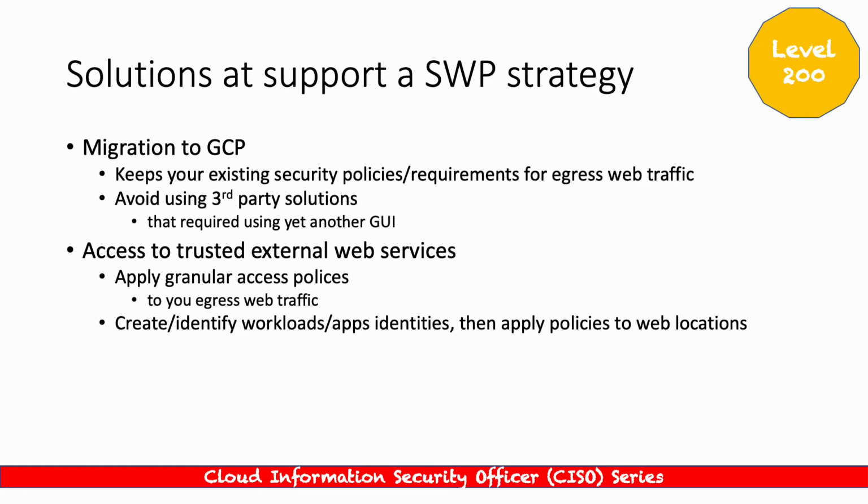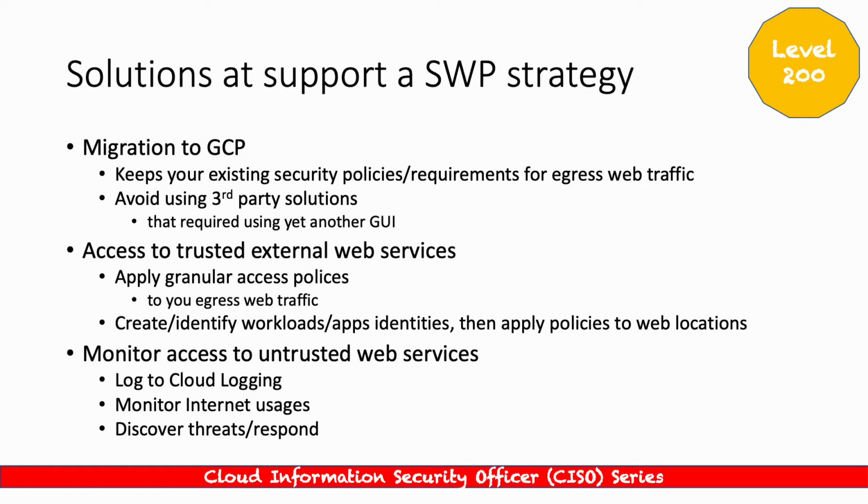Access to trusted external web services: we can apply granular access policies to allow egress web traffic to where we trust. Let's say we trust something like Salesforce. We can control our traffic to go directly to Salesforce, and we can identify these workloads, app identities, and then apply policies to web locations. What are the destinations or the targets we want to reach out to?